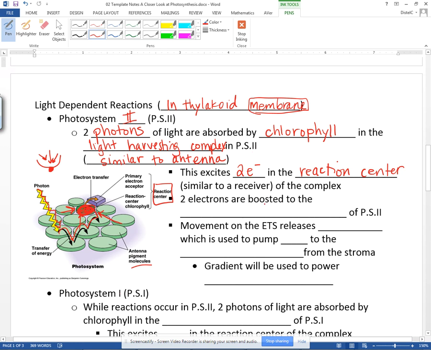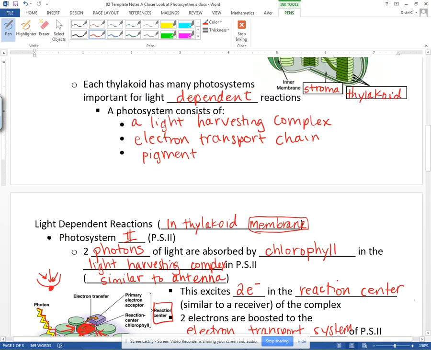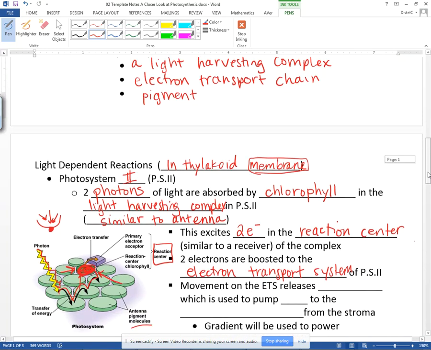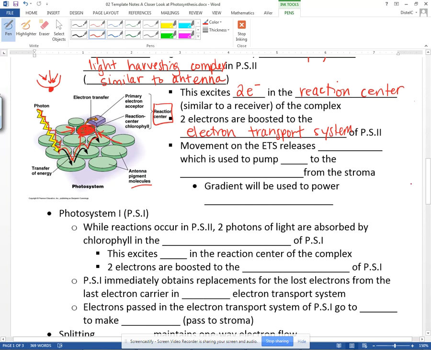So those two electrons get boosted to the electron transport system or electron transport chain of that photosystem. Remember previously we talked about a photosystem has three things: a light harvesting complex, an electron transport chain, and then it has pigments to be able to absorb that light.